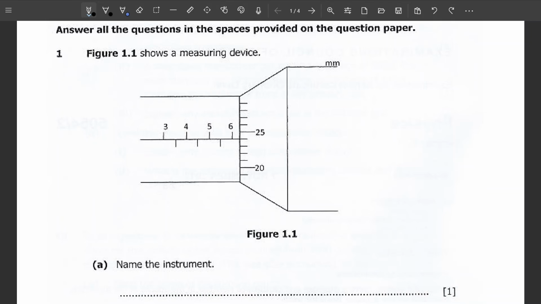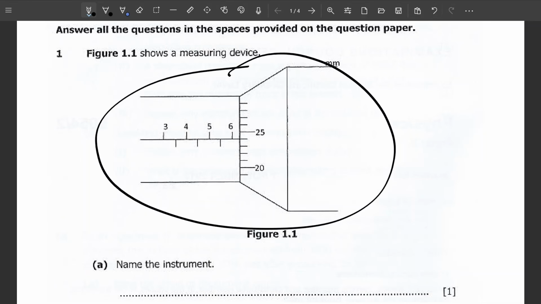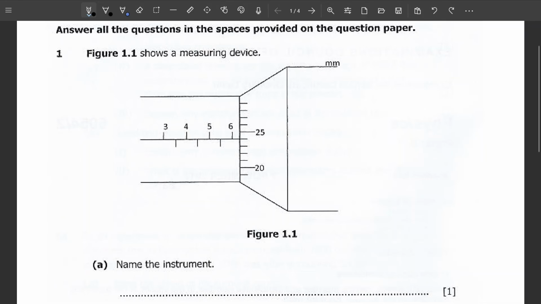Question 1 reads, figure 1.1 shows a measuring device. So this figure here shows a measuring device.